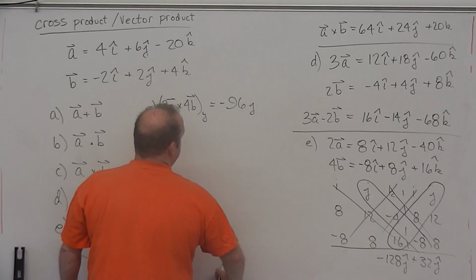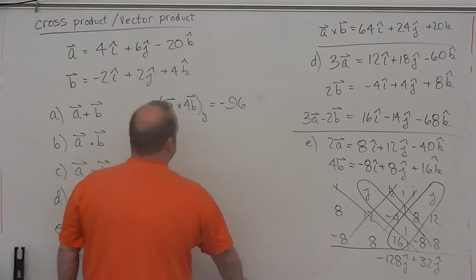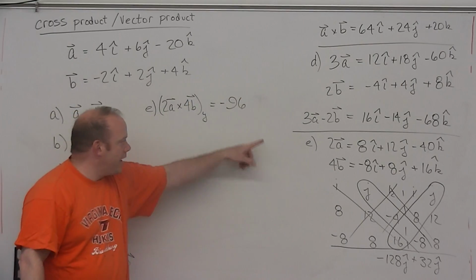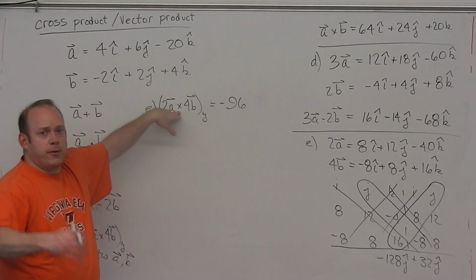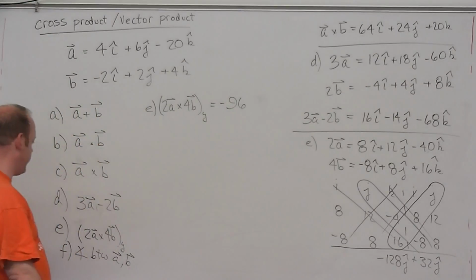I don't need the j hat technically at that point, because the y component tells me that I'm looking for j hat. But if I'm looking for a component, the component is not a vector in and of itself.